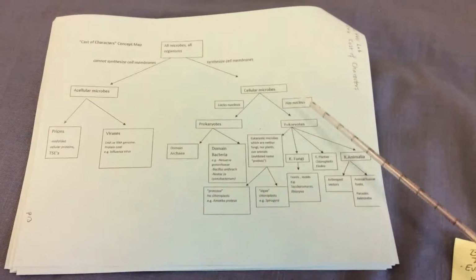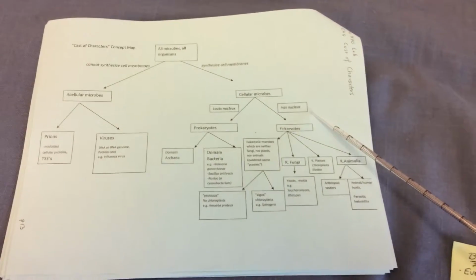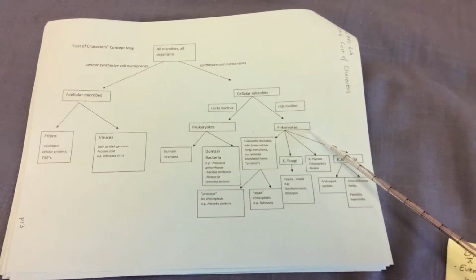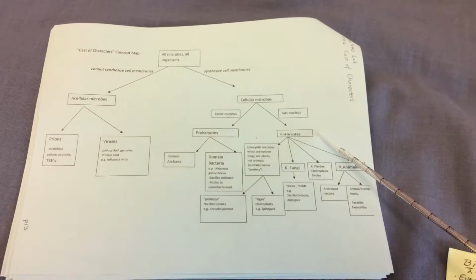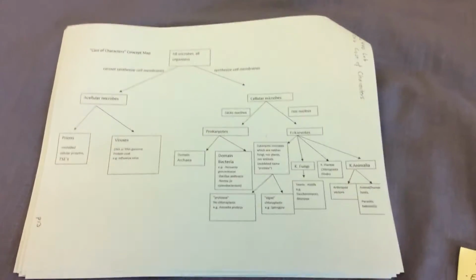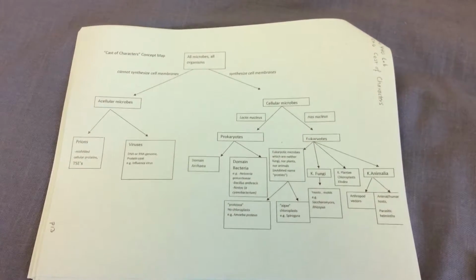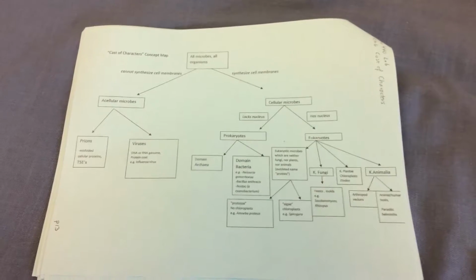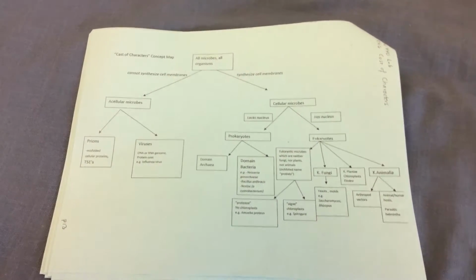And if we go back up then and ask ourselves, if we have a cellular microbe that has a nucleus, then these are our eukaryotes, and they would belong to domain Eukarya. And within the eukaryotes, there are several different groups. In the old days, we would talk about the four kingdoms of eukaryotes: kingdom Protista, kingdom Fungi, kingdom Plantae, and kingdom Animalia.